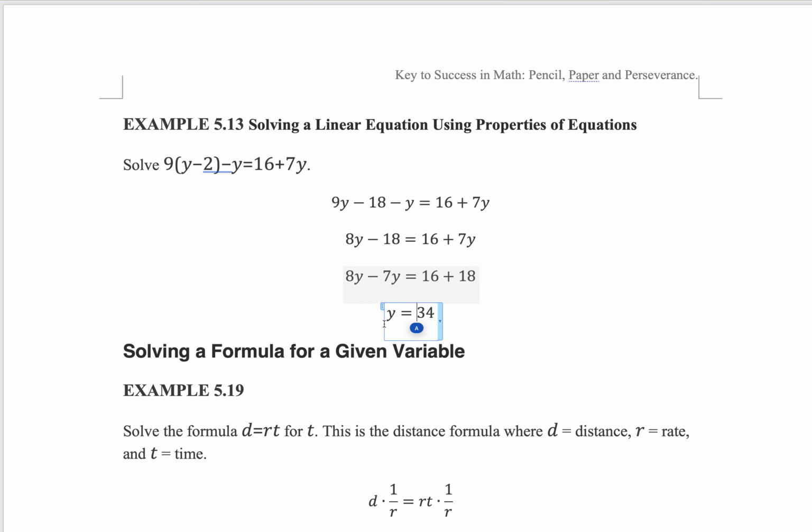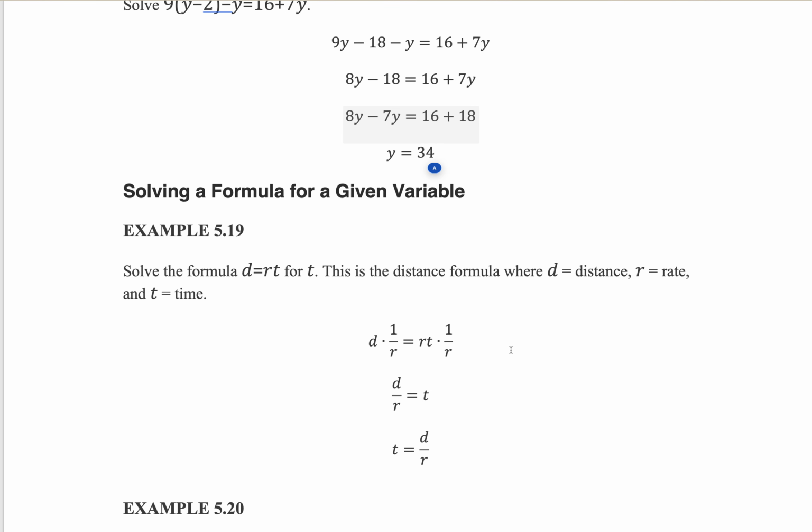Sometimes we need to handle an equation with not only one notation but multiple notations. So this is the distance formula. Basically, it simply says the distance is the speed multiplied by the time traveled. D is for the distance, T is for time, and r is the rate or the speed.